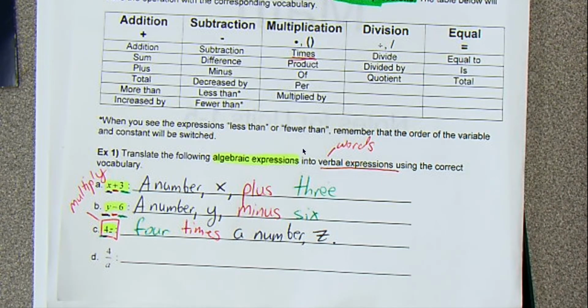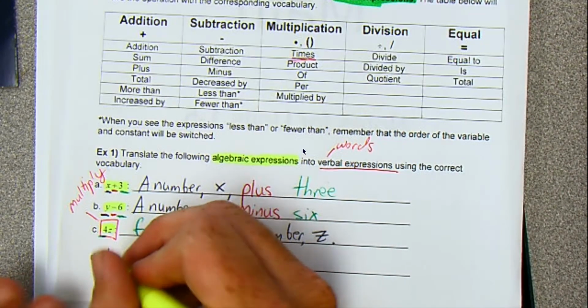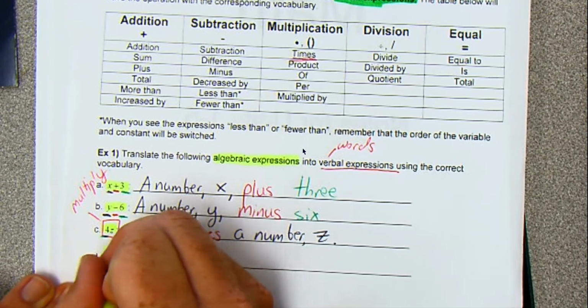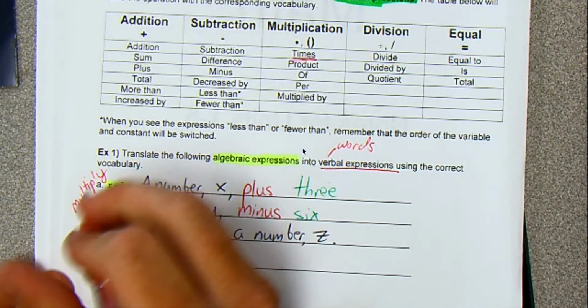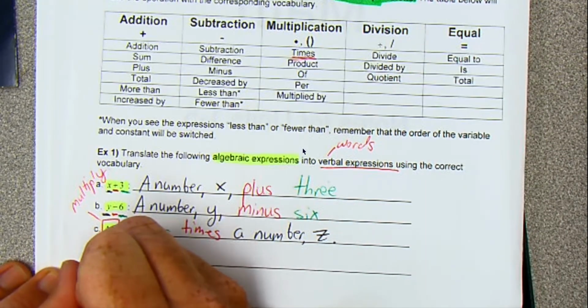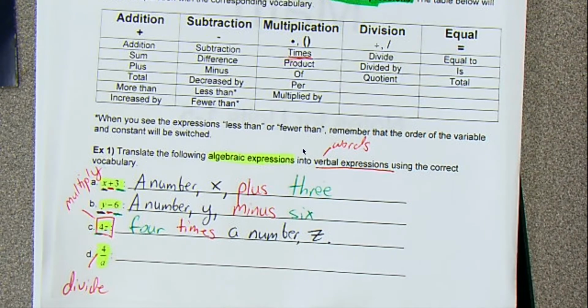The last one kind of looks like a fraction. Remember, fractions are really just division problems. So this is a division problem. That little line means to divide. I'm going to label it for you: this means to divide. Now we're going to write out our verbal expression. Again, we put 4 because that's our constant.